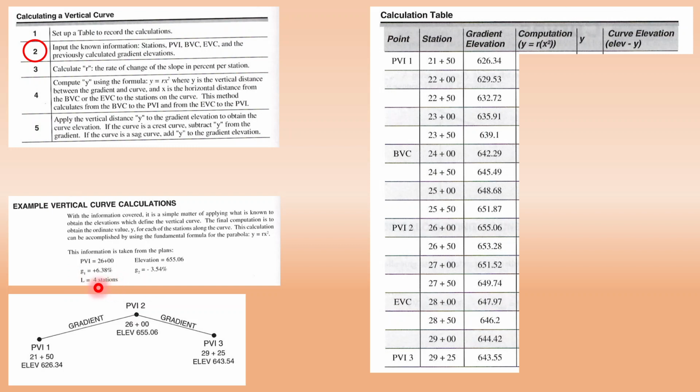And the end of the vertical curve is 2 stations after the PVI. So, if this is our PVI, 26 plus a pair, we know 2 stations, 24 plus a pair, is where we're going to begin our curve. And 2 stations after, 28 plus a pair, is where we're going to end our vertical curve. So this is your 400-foot vertical curve. It's your 4-station L distance.